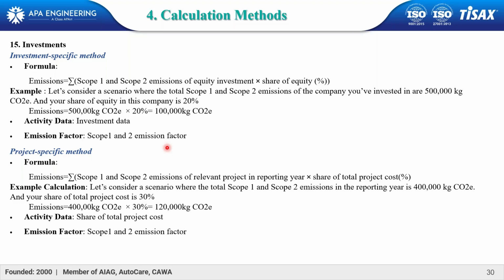So the emission would be the emission of that particular product into your share of the total project, which is 30% here, which will give us 120,000 kgs of carbon dioxide emitted. So here the activity data required is your share of the total project cost, and the emission factor is the scope 1 and 2 emission factor of that particular industry.